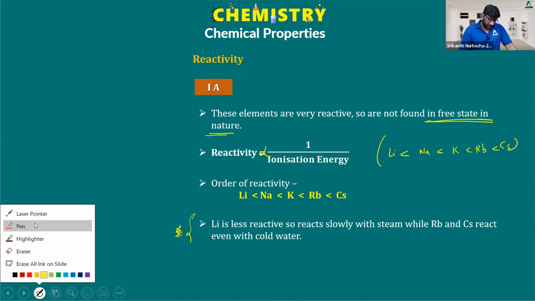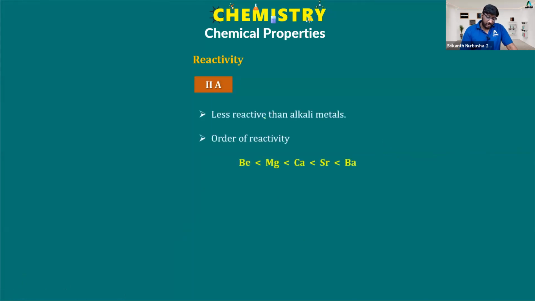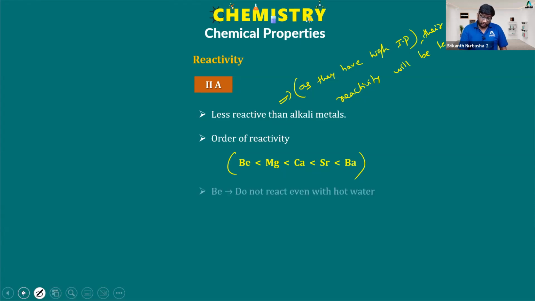2A elements are less reactive than alkali metals. Why? As they have high ionization potential, their reactivity will be less. Order of reactivity: beryllium least, then magnesium. From top to bottom, reactivity is going to be increasing as ionization energy is decreasing.